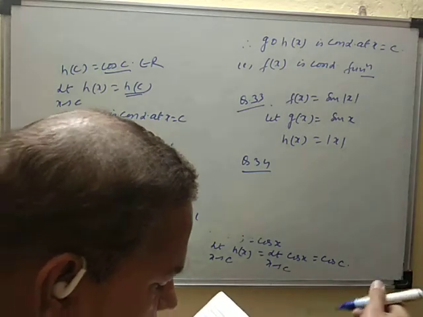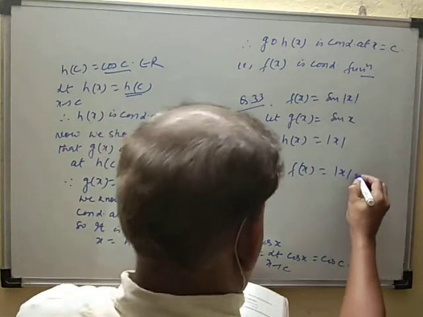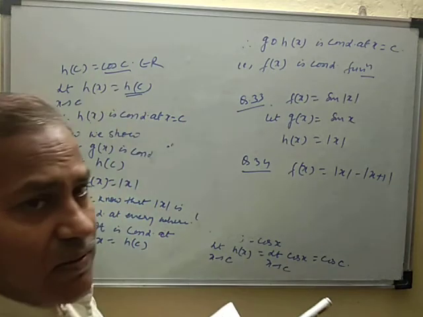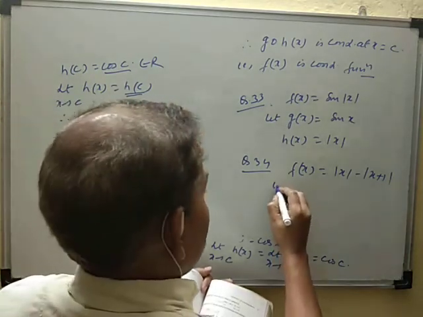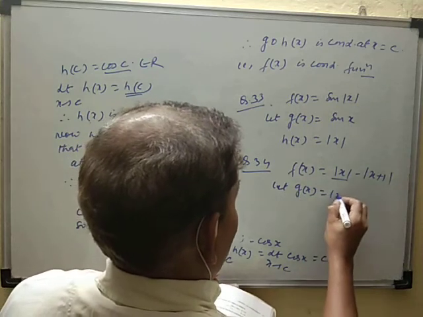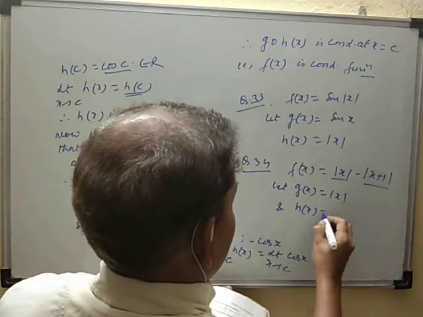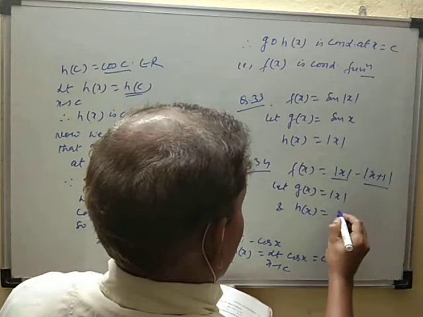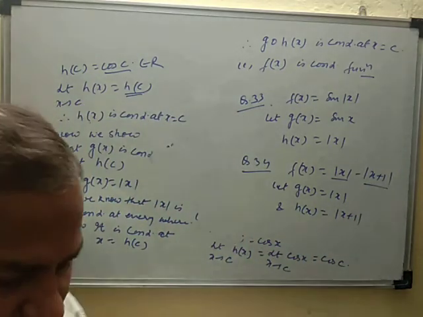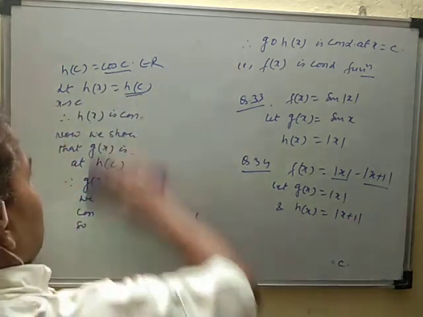Here f of x is equal to mod x minus mod x plus 1. So suppose this function is g of x. g of x is equal to mod of x, and this one suppose h of x. h of x is equal to mod x plus 1. So f of x equals what?